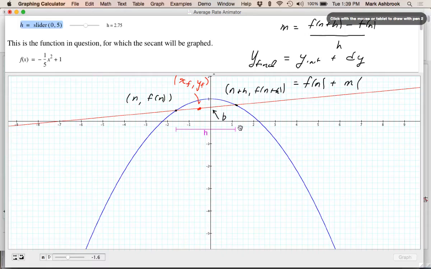Yes, f initial is f of n, and then we have the rate, which we got there, times x minus what? n, right? And then this m would simply be that expression right there.